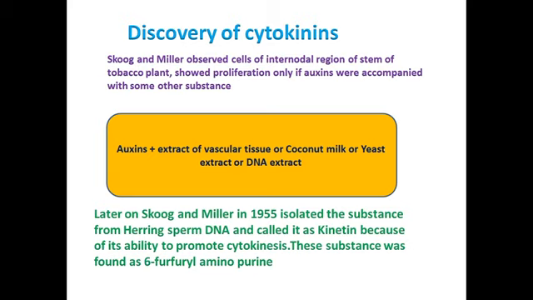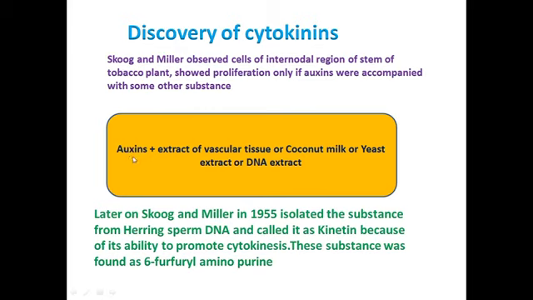First of all, it was Skoog and Miller who observed that the internodal region of the stem of tobacco plant showed proliferation only if auxins were accompanied with some other substances. What did they observe? They were observing the internodal region of the stem of tobacco plant, and they observed that the proliferation of the cells occurred only if auxins were accompanied with some other substances.